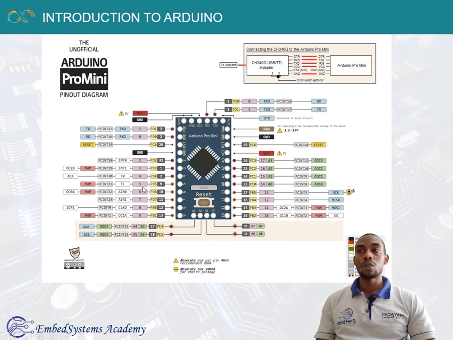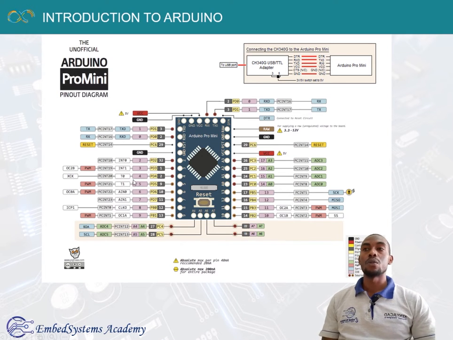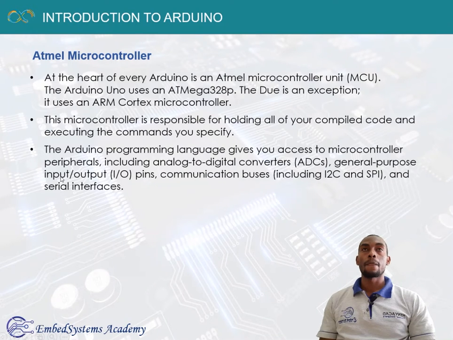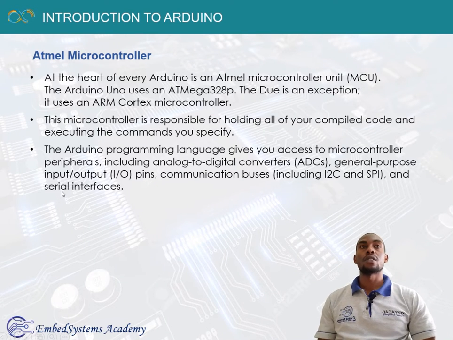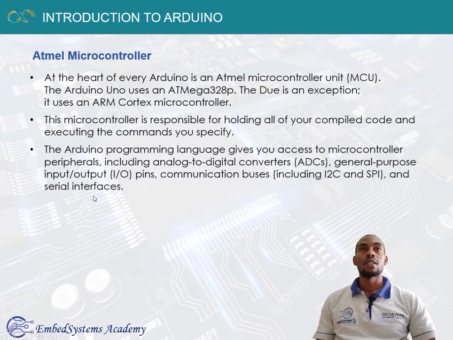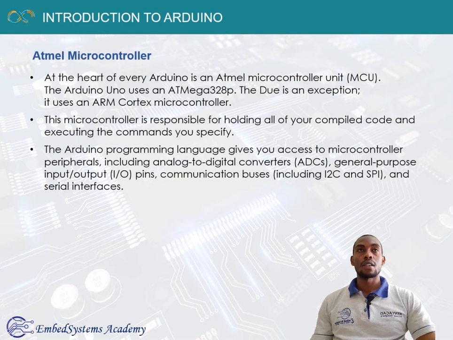So let's look at the various features of Arduino Uno. We said at the heart of every Arduino is an Atmel microcontroller unit. The Arduino Uno uses an Atmega 328P, with the exception of the Due, which uses an ARM Cortex microcontroller.